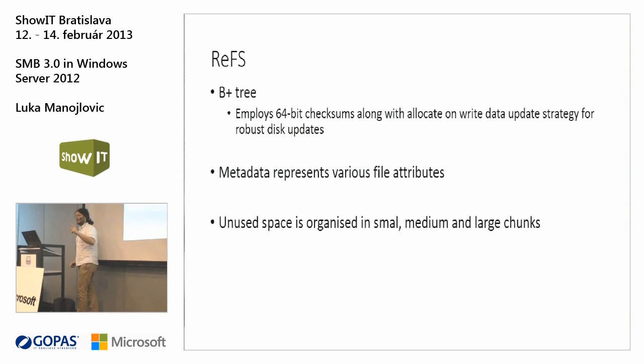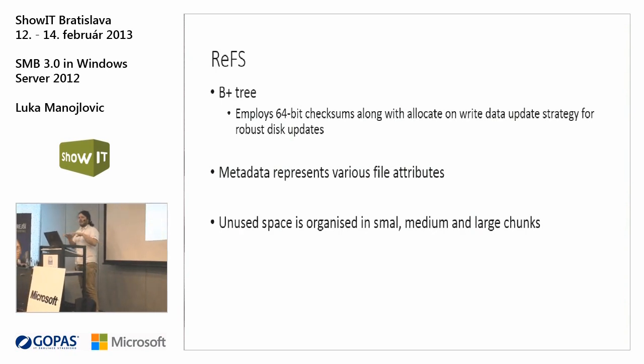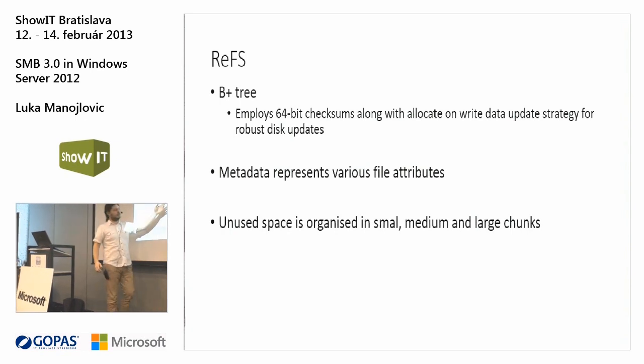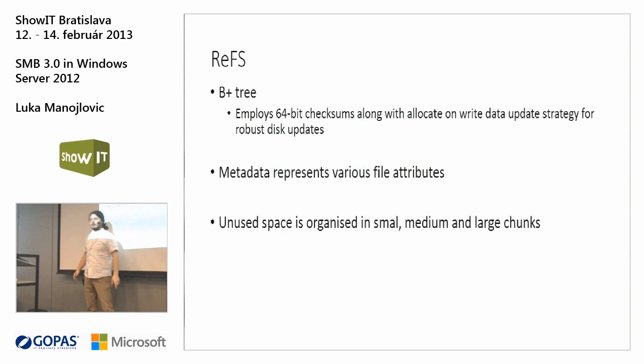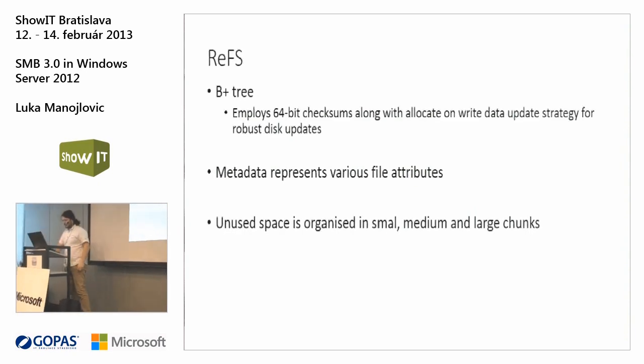You will see that resilient file system is, in fact, a basis for all other features that are coming with Windows Server. So it is a product that is here. It's a basis for storage spaces, and a basis for deduplication, because deduplication is also using small, medium, and large chunks to store data.